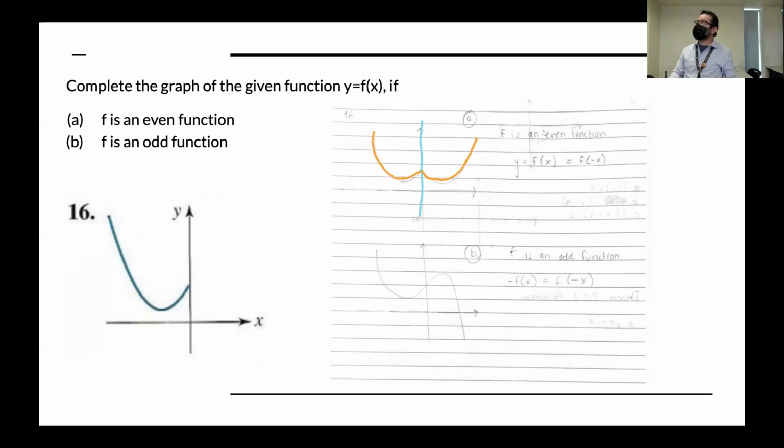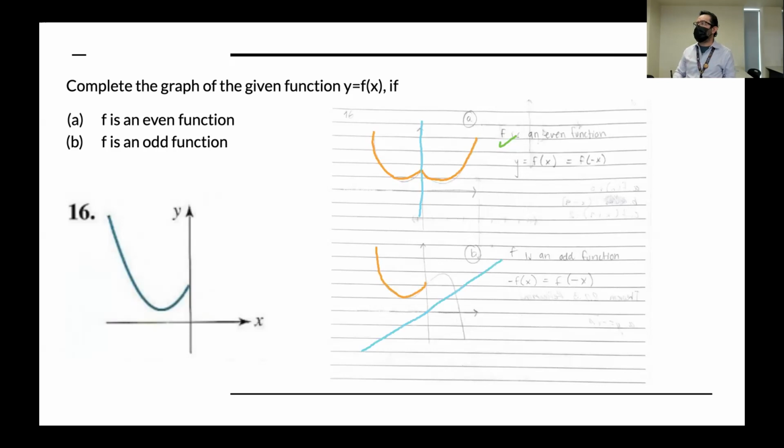So this is correct. However, for the odd version, we've got the function here, and now we've got a mirror that goes along the origin. So imagine that we're putting a mirror here.